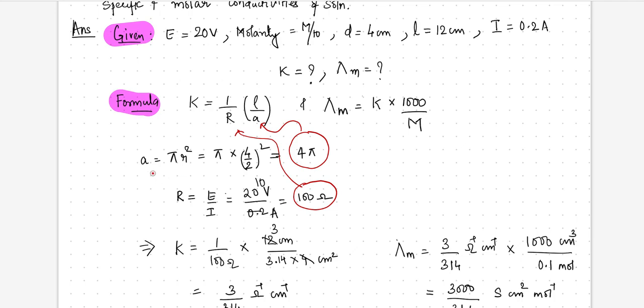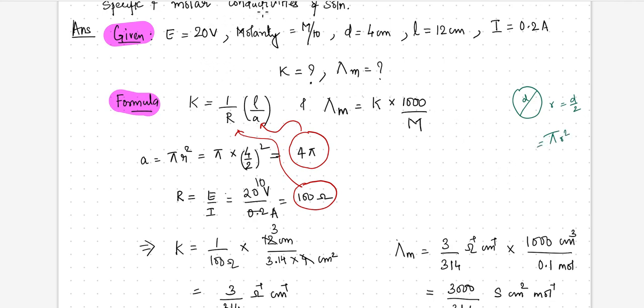Now we have to know the value of A. If you remember, in the question you are given the diameter. We are talking about the cross-sectional area, and you are given the diameter. So radius would be simply D by 2, and since the cross section is circular, the area formula used is pi r square.